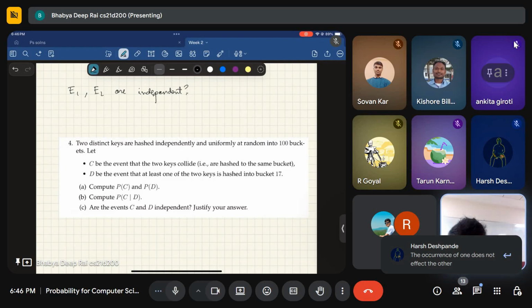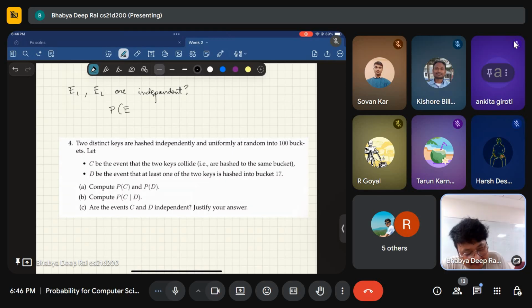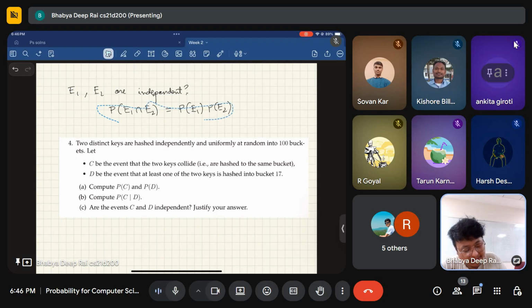Good. So that is probability of E1 intersection E2 equals probability of E1 times probability of E2.